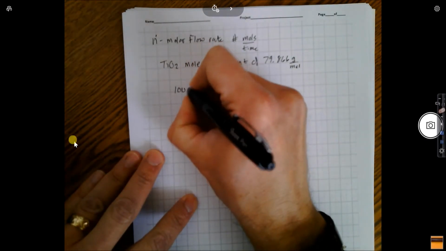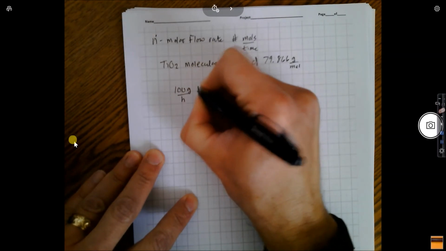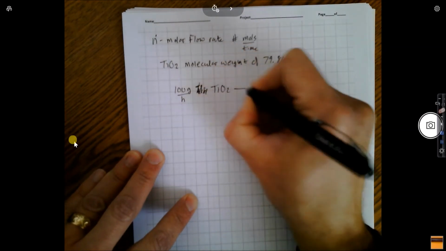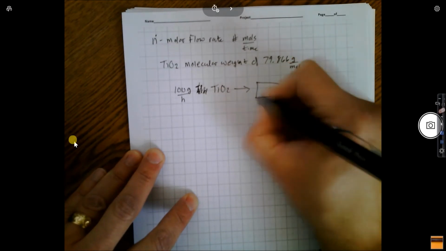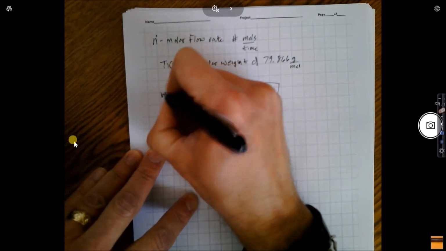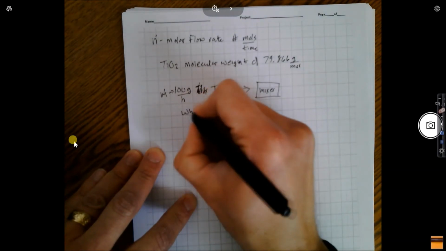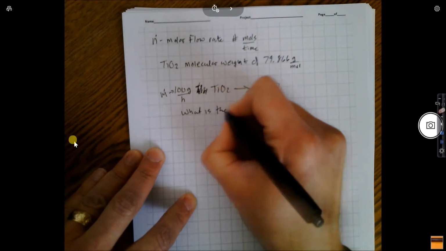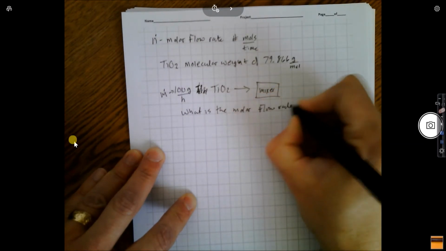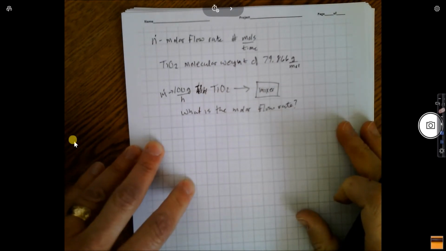So we had 100 grams per hour going into a mixer. Since this is the mass flow rate, we want to know what the molar flow rate is.